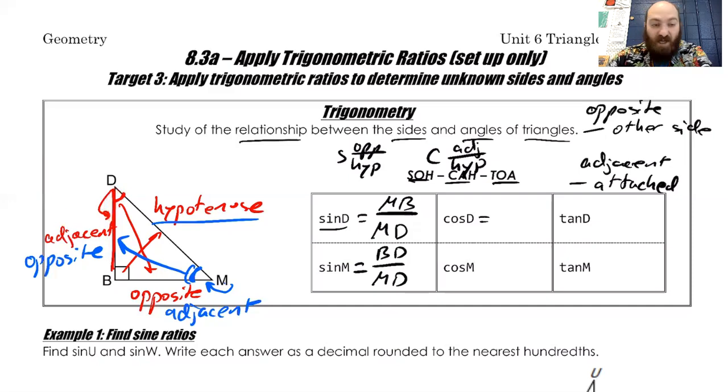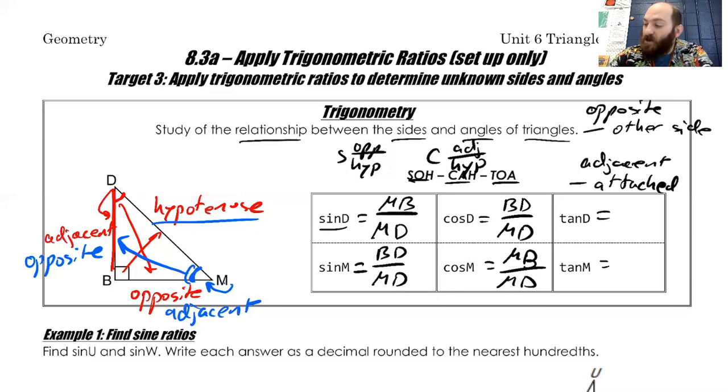This is the one that's adjacent there. So I'm going to put BD up here, and it's over the hypotenuse, so it's still MD. When I reference M, the adjacent side is this one. It's MB. So MB will go here over MD for my hypotenuse.